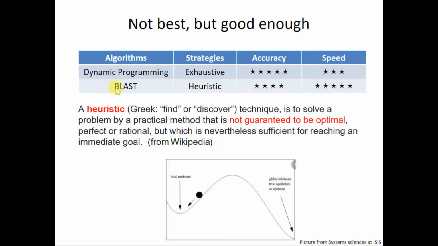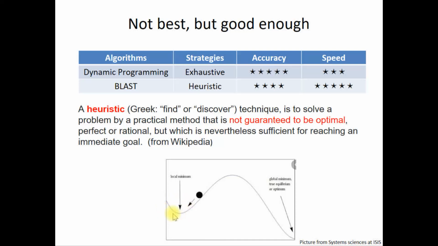In contrast, BLAST is a heuristic algorithm. Heuristic in Greek means find or discover. It's a technique to solve a problem by a practical method that is not guaranteed to be optimal but is good enough.